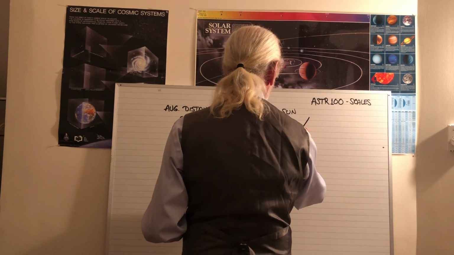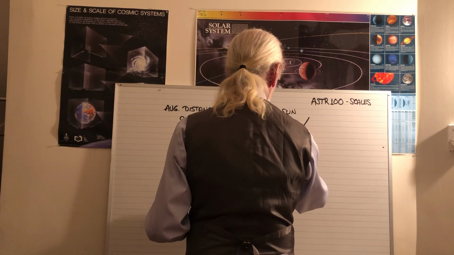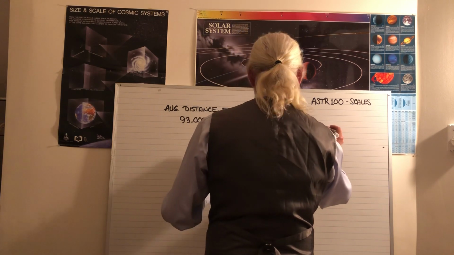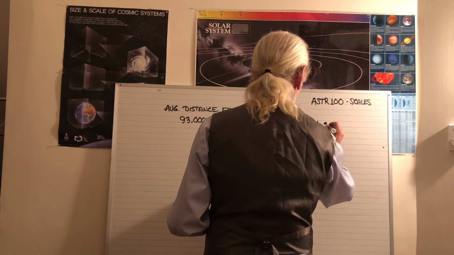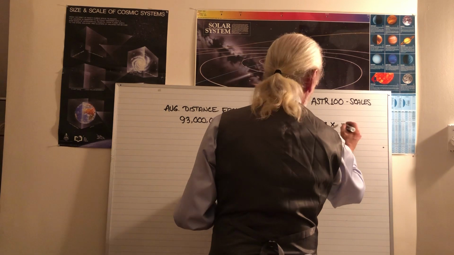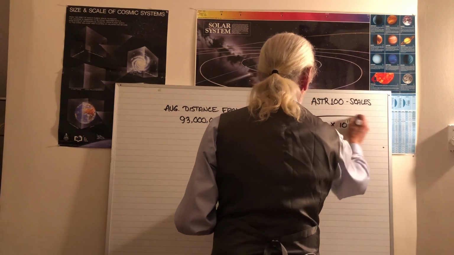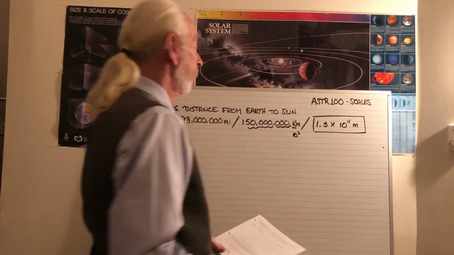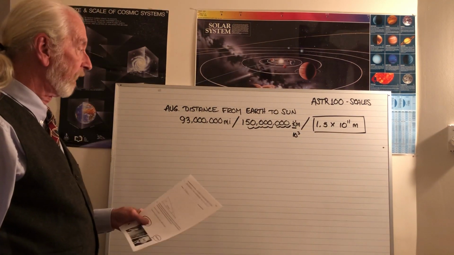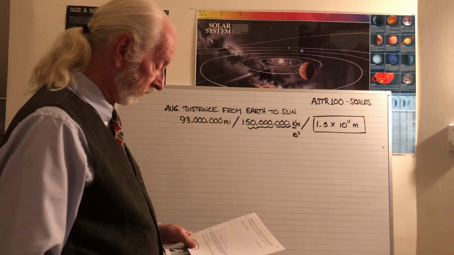And kilometer is 10 to the third. So that comes out to 1.5 times 10 to the 11th meters. It's going to be important for you to know that. One astronomic unit is 1.5 times 10 to the 11th meters.